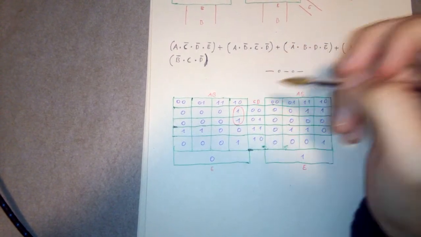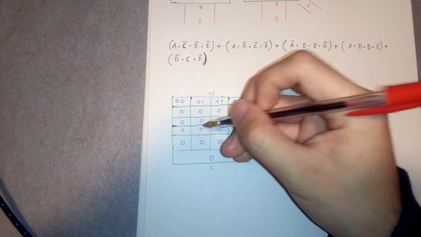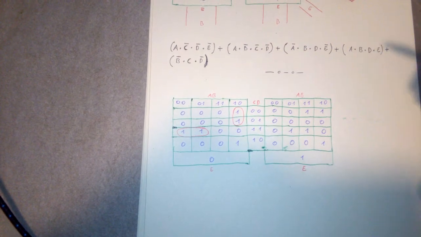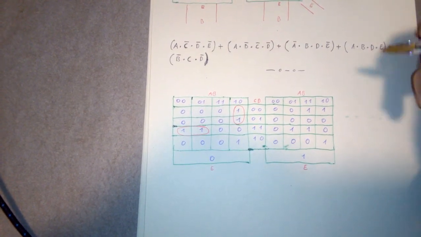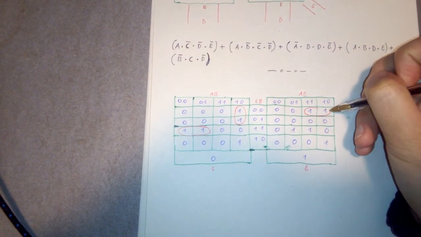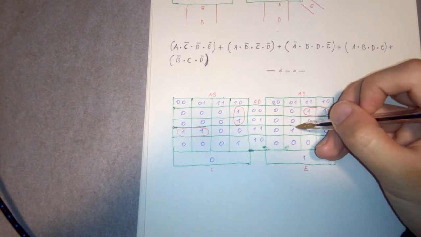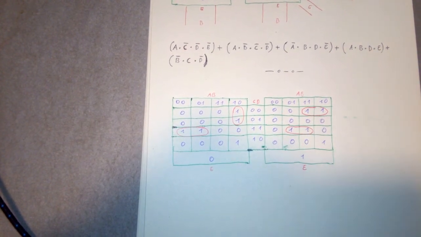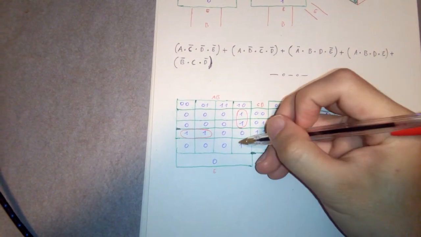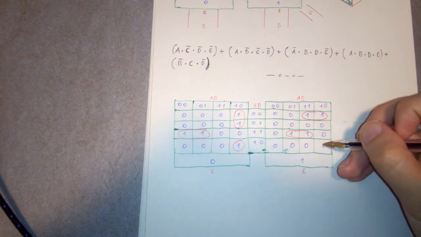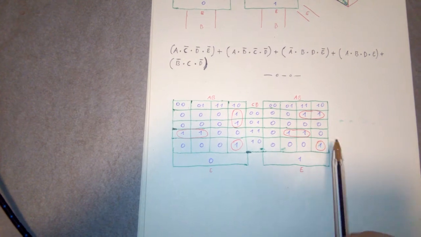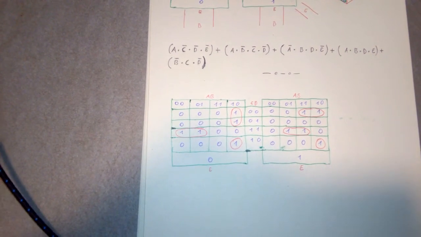Our second group is going to be another group of 2 made by those 2. Another group is going to be a group of 2 made by those, and a group of 2 made by those, and yet another group of 2 made by those 2. So this is not a group of 1 each, but a group of 2 because those 2 talk to each other.